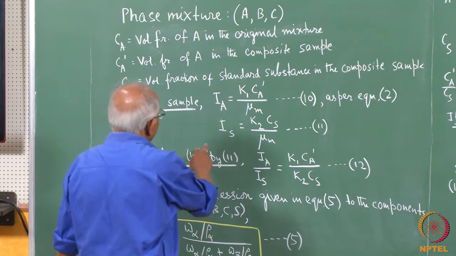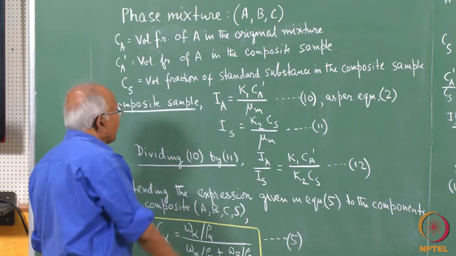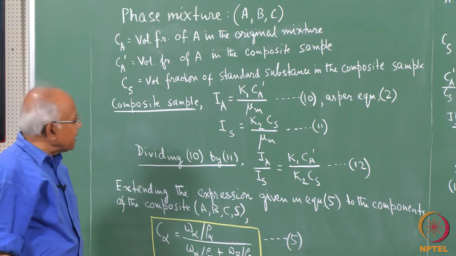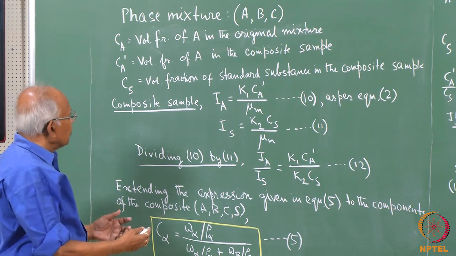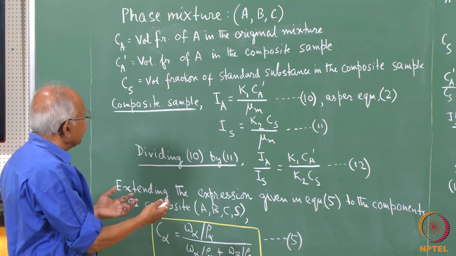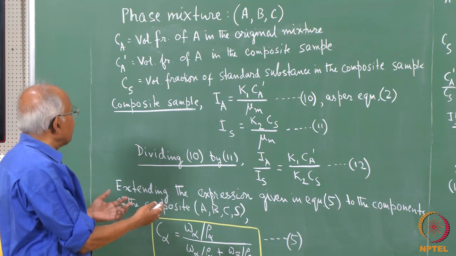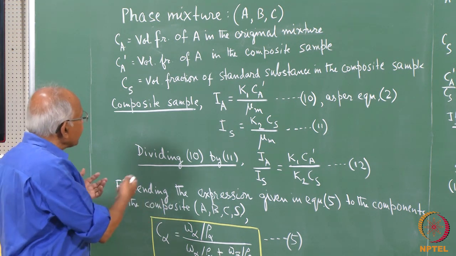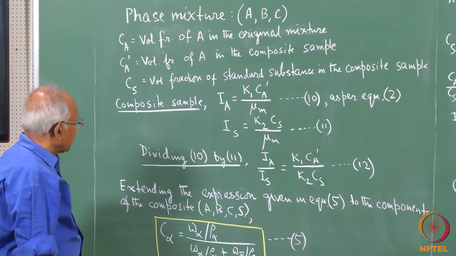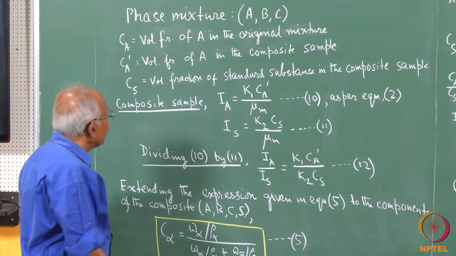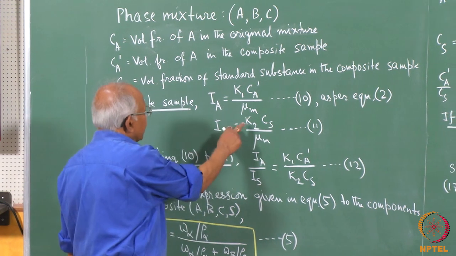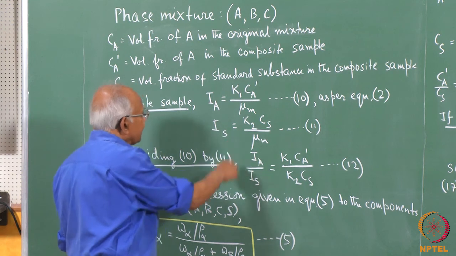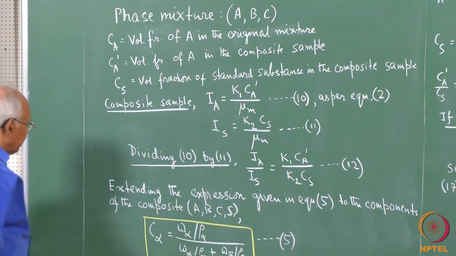Now simultaneously, if we concentrate on a particular line of the standard, the diffraction pattern of which will also appear in the same XRD pattern for all the other components A, B and C, then Is can be written as a constant K2 into Cs divided by mu m.